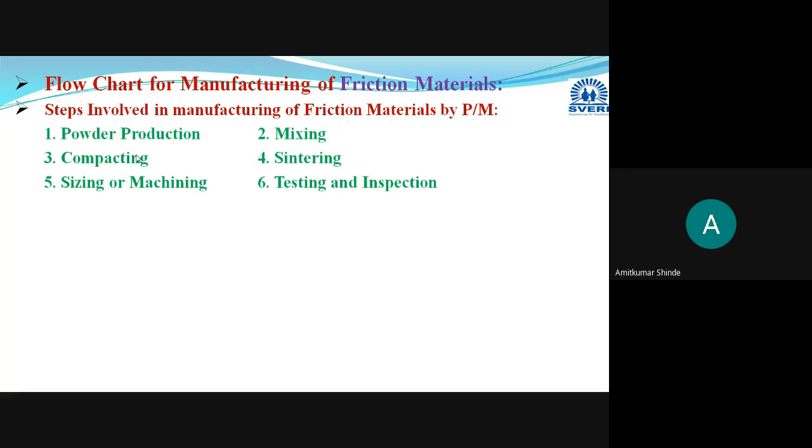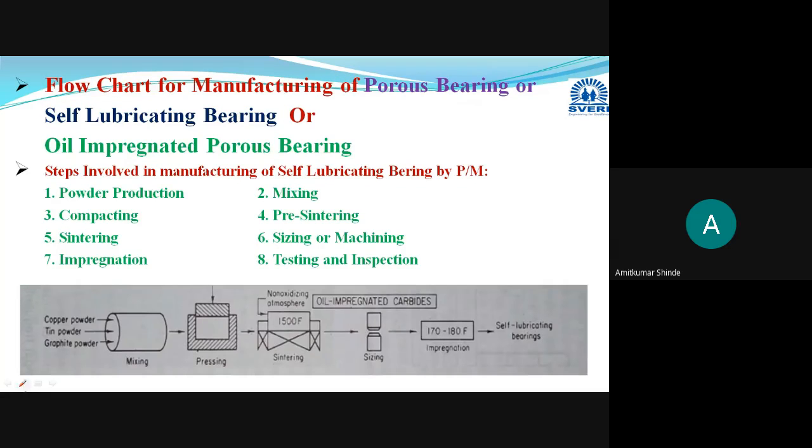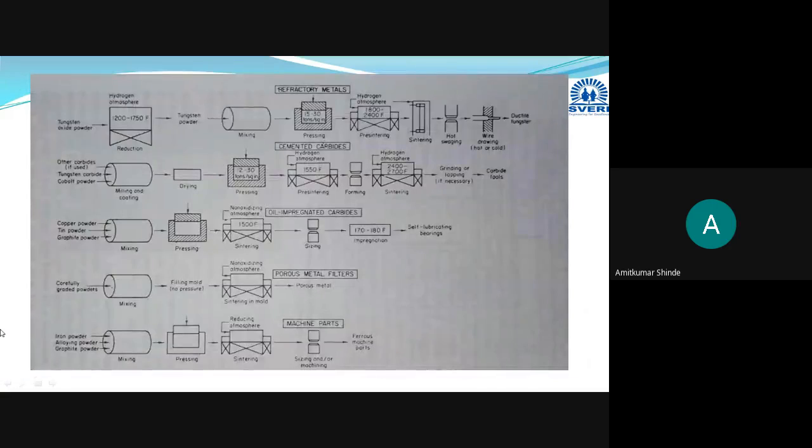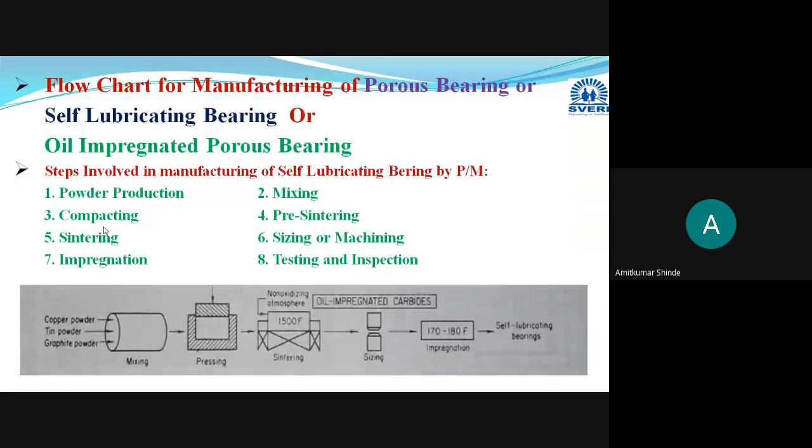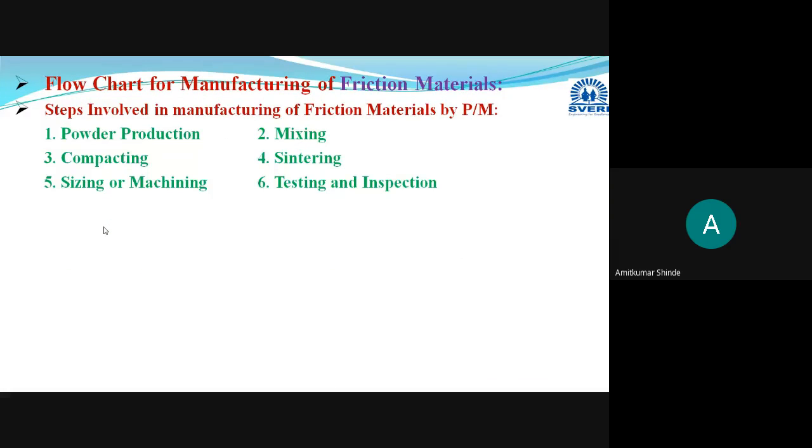In the powder production stage, you have to use the flow chart symbols I have explained. I will take this diagram for reference, but just try to remember the symbols and draw it on your own.